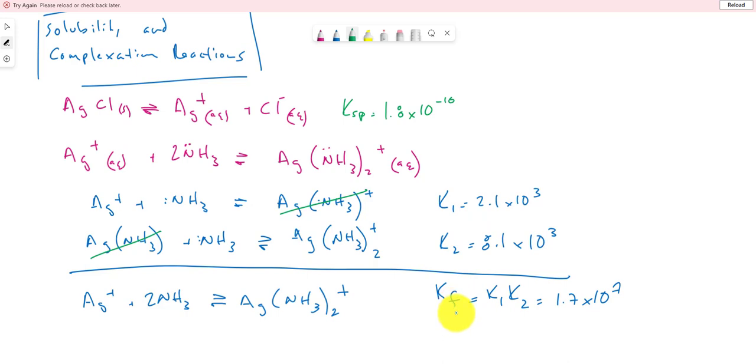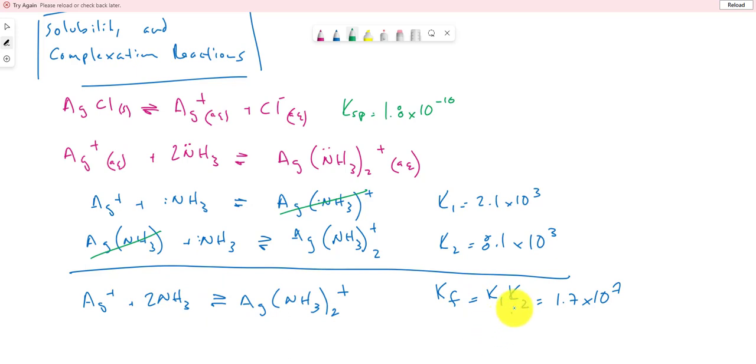And I'm going to call this K sub F for formation constant because it's an ion plus some Lewis base to form a complex. And so anytime you're forming or having things come together to form something, we're going to call that a formation constant. And again, you talk a lot more about this if you go on to an analytical chemistry course.